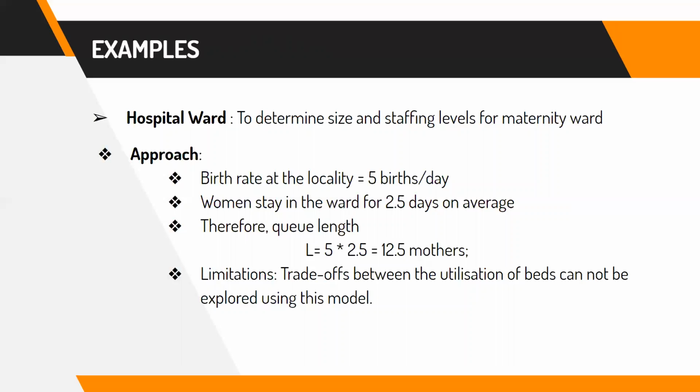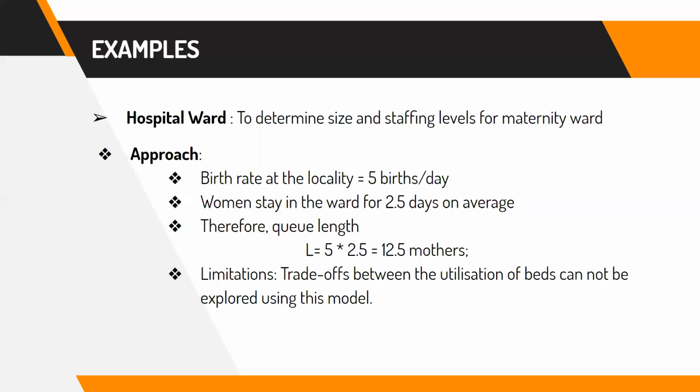Therefore, we can use Little's law here to predict the average number of mothers in the maternity ward. The arrival process corresponds to the women arriving to deliver their babies, and the arrival rate lambda here is 5 births per day. Therefore, we know that W is equal to 2.5, and L is equal to lambda times W, which gives us 12.5.